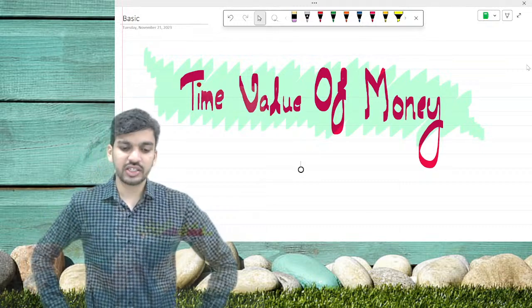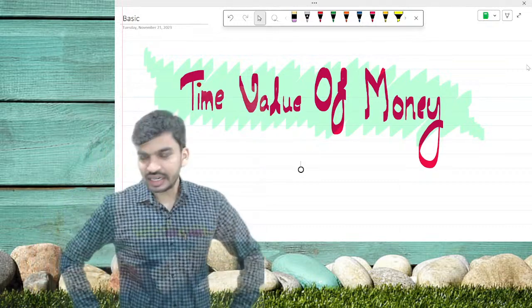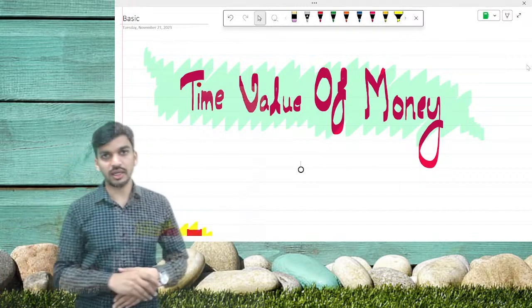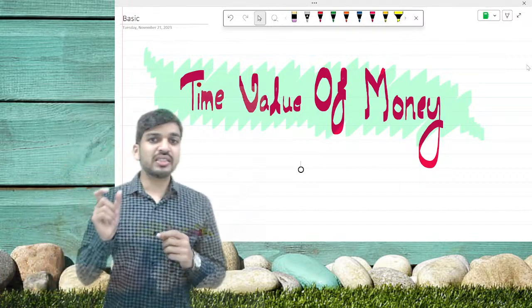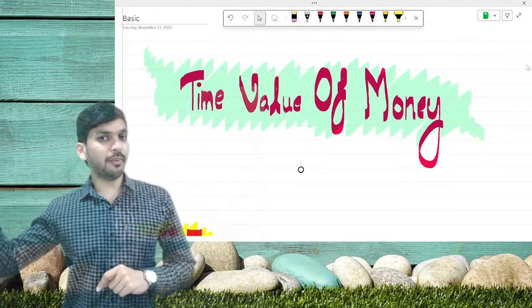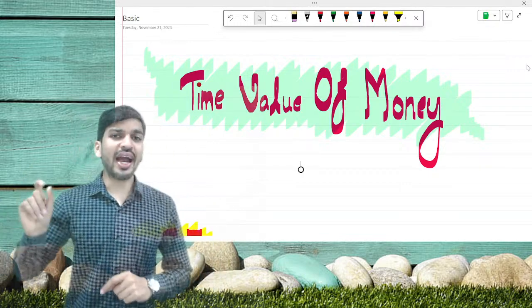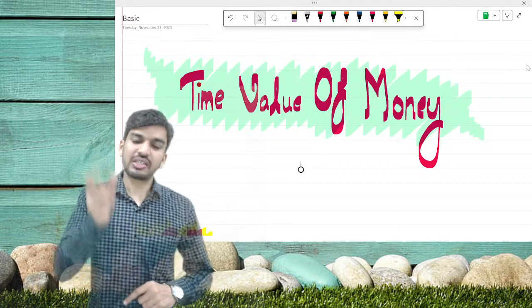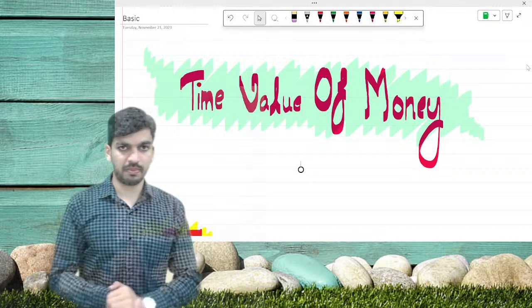Let's start today's lecture. In compound interest, as we all know from simple interest, the principal amount remains the same and the value of interest is also the same every year, correct?